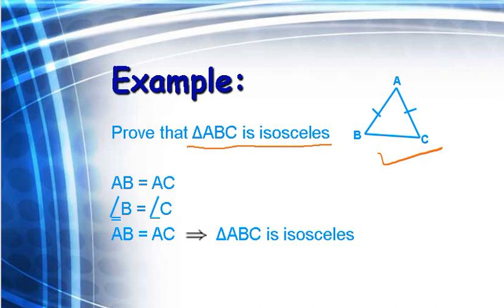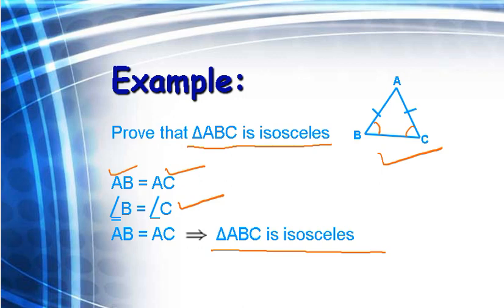So I have taken here AB equal to AC. Then the angle opposite side AB is angle C, and the angle opposite side AC is angle B. So can we write angle B equal to angle C? So AB equal to AC, then we must call triangle ABC isosceles.